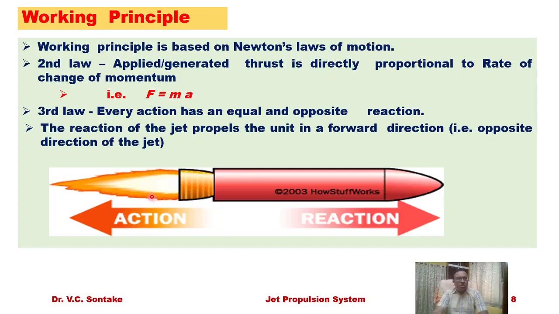So this is the working principle of jet propulsion system. To every action there is an equal and opposite reaction, and in jet propulsion system this reaction force will propel the system in the opposite direction of the motion of the jet.